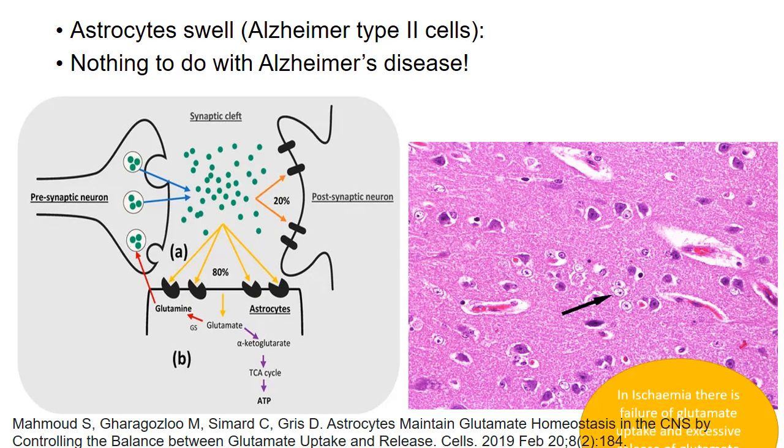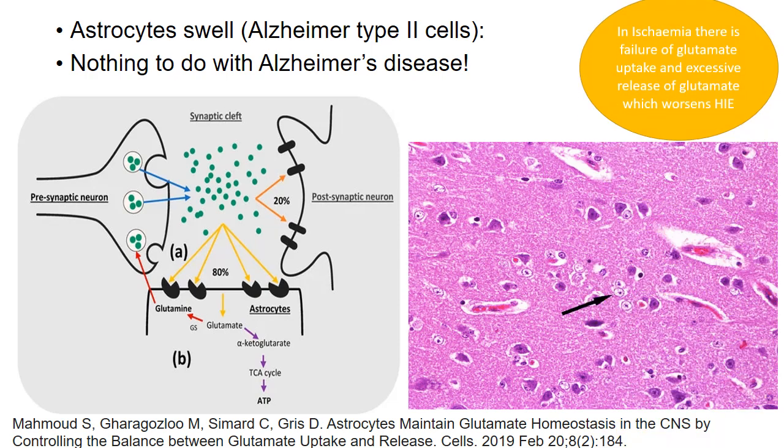It must be noted, however, that in ischemia there is a failure of uptake of glutamate, and in addition there is also excessive release of this glutamate, which results in glutamate excitotoxicity noted in hypoxic ischemic encephalopathy. And therefore, this worsens hypoxic ischemic encephalopathy.